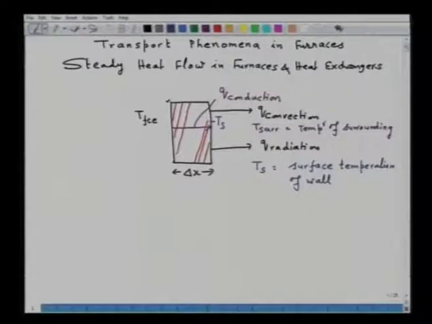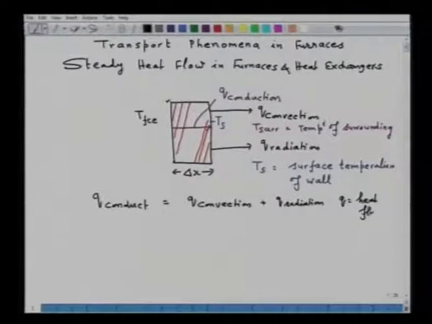Therefore, we can say that Q conduction should be equal to Q convection plus Q radiation, where Q is the heat flow. So, now we have to write down the heat flow equation for conduction, that is the Fourier's law of heat conduction.